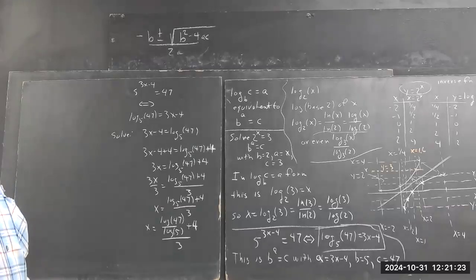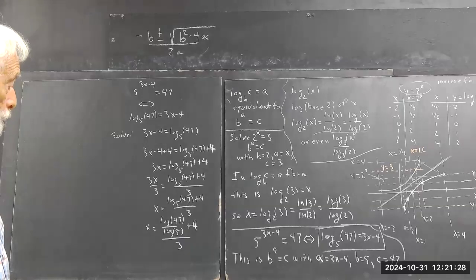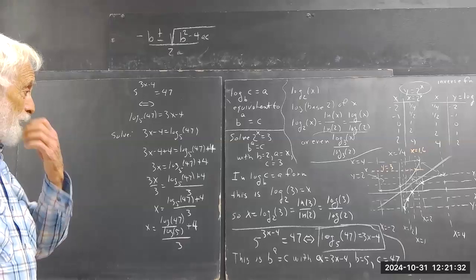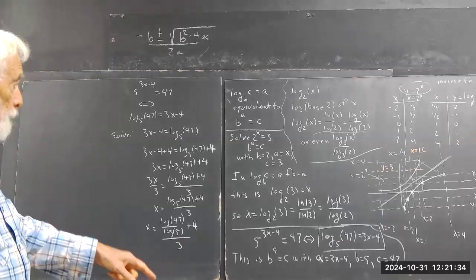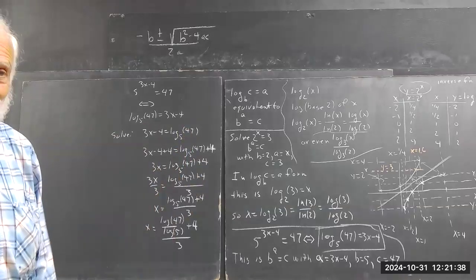If you punch that into your calculator correctly, you're going to get a good result. And you can check that result. Put whatever number you get into 3x minus 4 and see if you don't get something between 2 and 3.